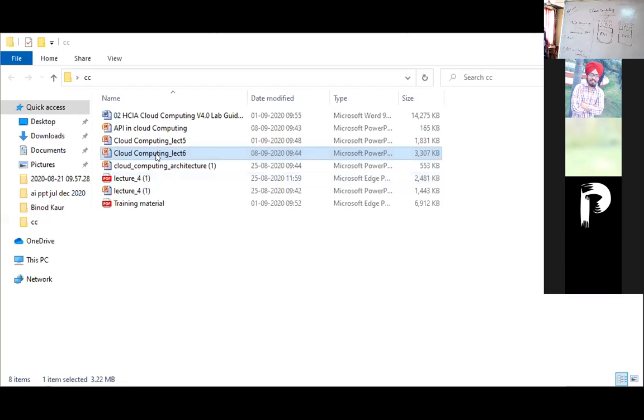Let me see what the concern is, why it is not visible. Now you can see. Can you see anything on the screen? No, ma'am. Is it visible to everybody or not? Can you see the screen, the board as well as the screen?